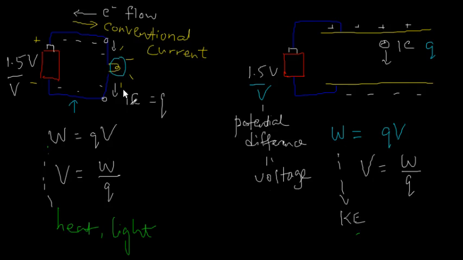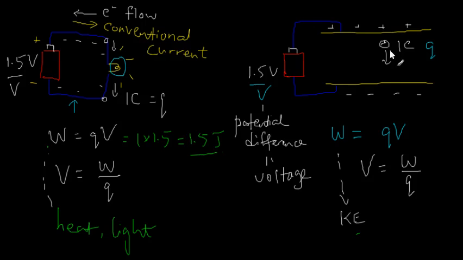Okay, so for example, if 1 coulomb of charge flows through the light bulb, and we know that the potential difference is 1.5 volts, it means that the work done is 1 coulomb times 1.5 volts, 1 times 1.5, so that must be 1.5 joules. And as we know, this is converted to heat and light, so the amount of heat and light energy produced by the light bulb when 1 coulomb of charge goes through it must be 1.5 joules.